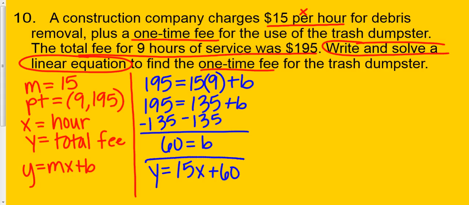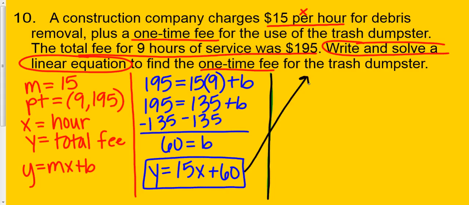Okay, so this is that first part, y equals 15x plus 60. Now, the next thing that we have to do is come up with that one-time fee. And to come up with that one-time fee, I'm going to use another color besides green. It just didn't show up very well on this yellow. I have to show the work to support my answer.